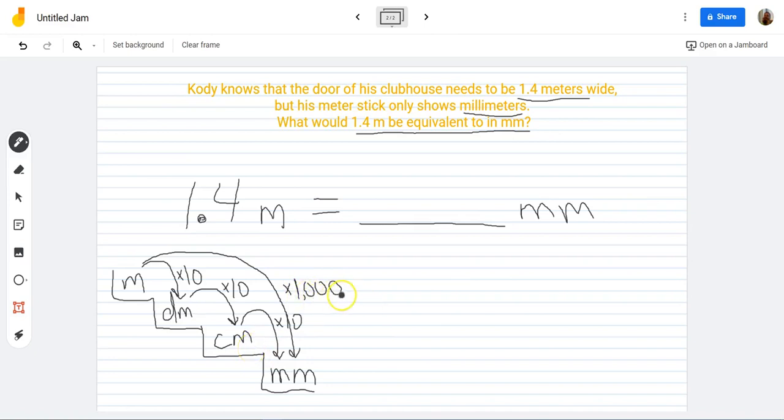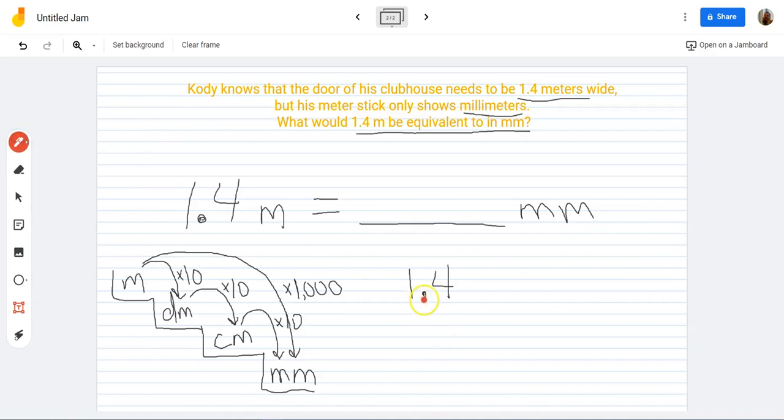So for each 0 that we see in that 1, 10, 100, 1,000, whatever it may be, that's how many times we're going to move over that decimal. A little trick for you guys. So let's take our 1 4/10, and let's take this decimal. I'm going to change the color to make it a little more obvious what we're doing here.